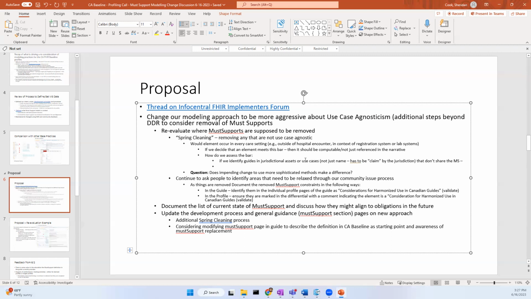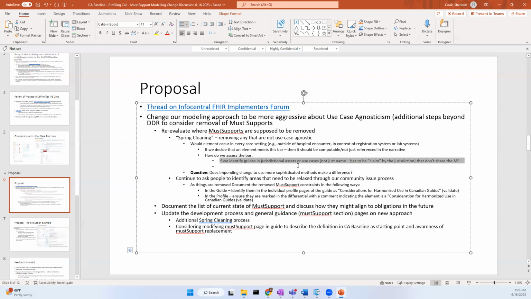One of the things I see potentially coming up with using this as our bar is that oftentimes, at least in the guides that we see in the Canadian Registry, there are implementation guides that are really close to a specific implementation that wouldn't involve an asset at the jurisdictional level typically.